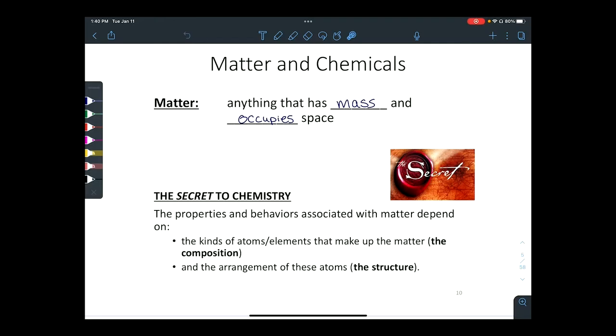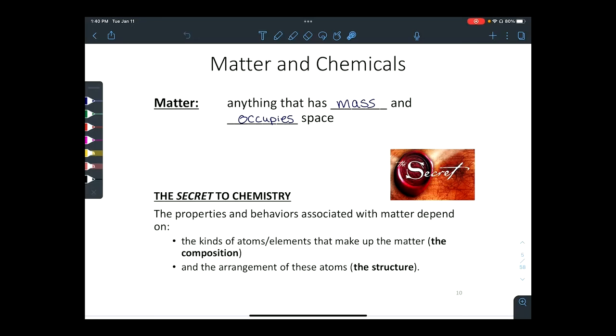That is how we will represent matter as chemists. So here is my secret to chemistry, and I'll constantly be bringing this up. And I want you to recognize this, moving forward in your life, that the behaviors, the properties that we see with a piece of matter are directly related to its composition and structure.